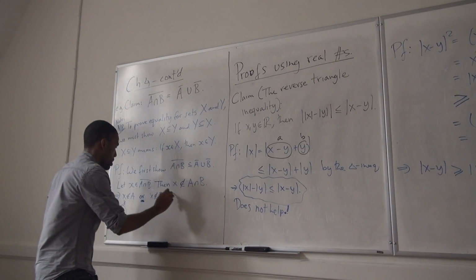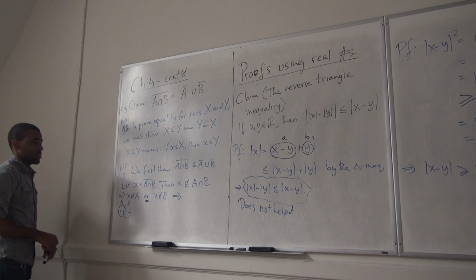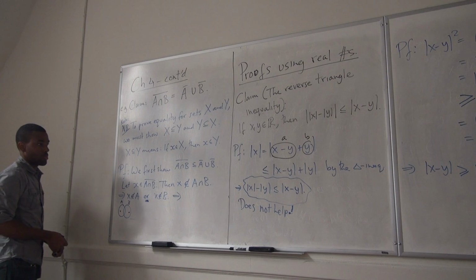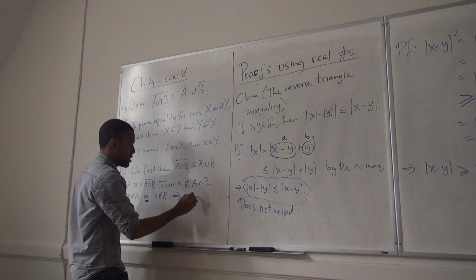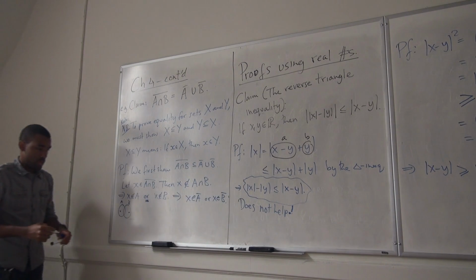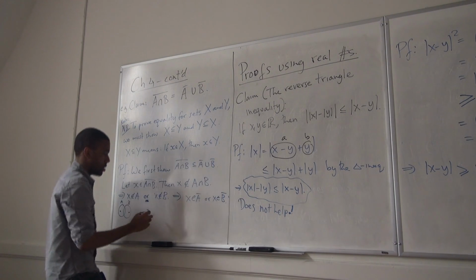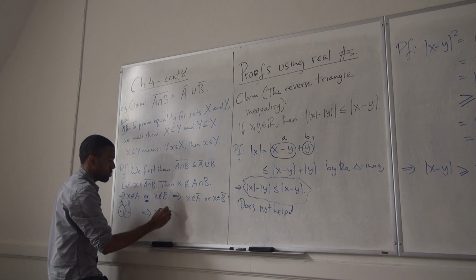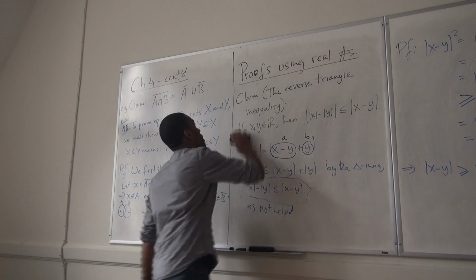And so this means if X is not in A or X is not in B, then X is in the complement of A or it's in the complement of B, right? Well, this is just the definition of the union, right? So this means X is in the union of the complements. So that proves one direction.